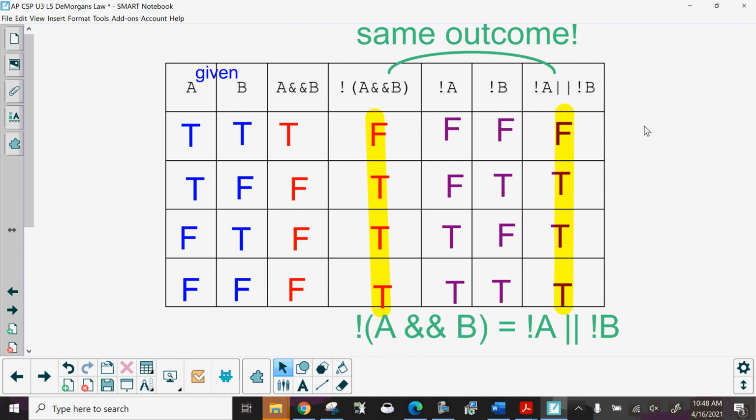And then notice that DeMorgan's Law simply states that this will be the same as that: not the quantity (A and B) is the same as not A or not B. If you haven't finished filling out your table, pause the video. Otherwise, let's keep going.